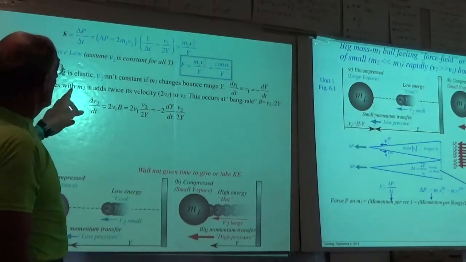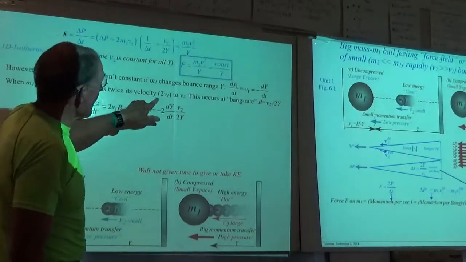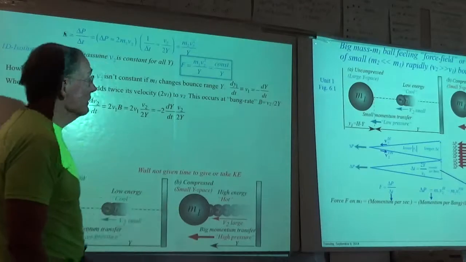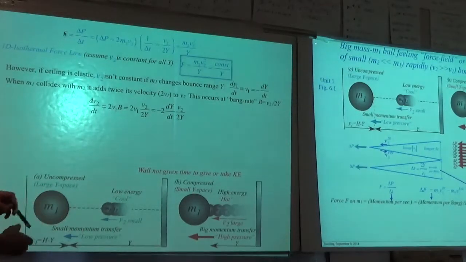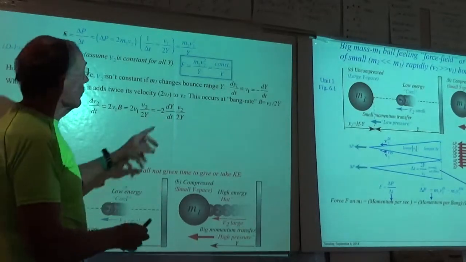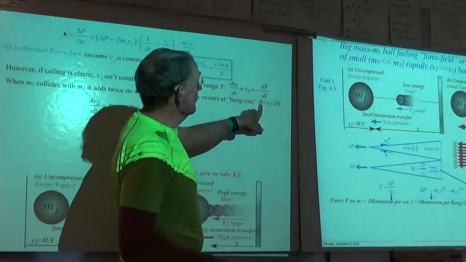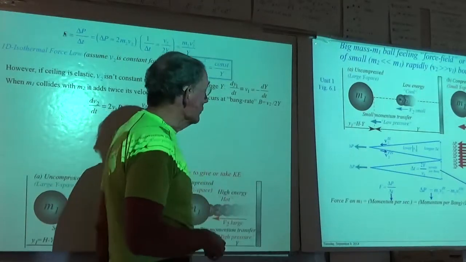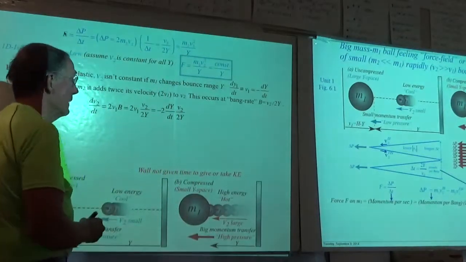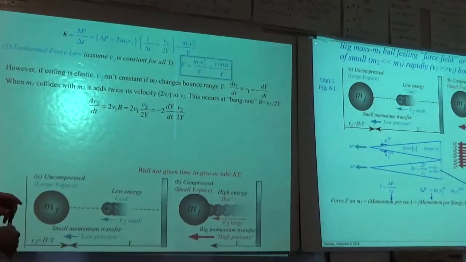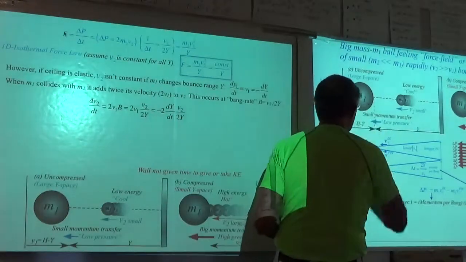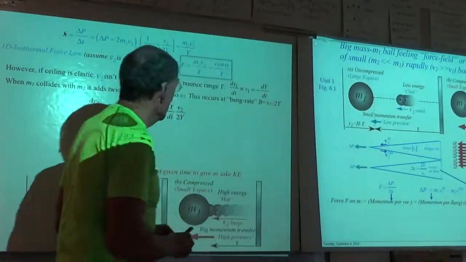When m1 collides with m2, it adds twice its velocity v1 to v2. This is the limit of having the mass ratios very different. And this occurs at a bang rate, which we've already talked about, which is the speed v2 at this moment, divided by the total distance 2y separating the wall and the big M1.